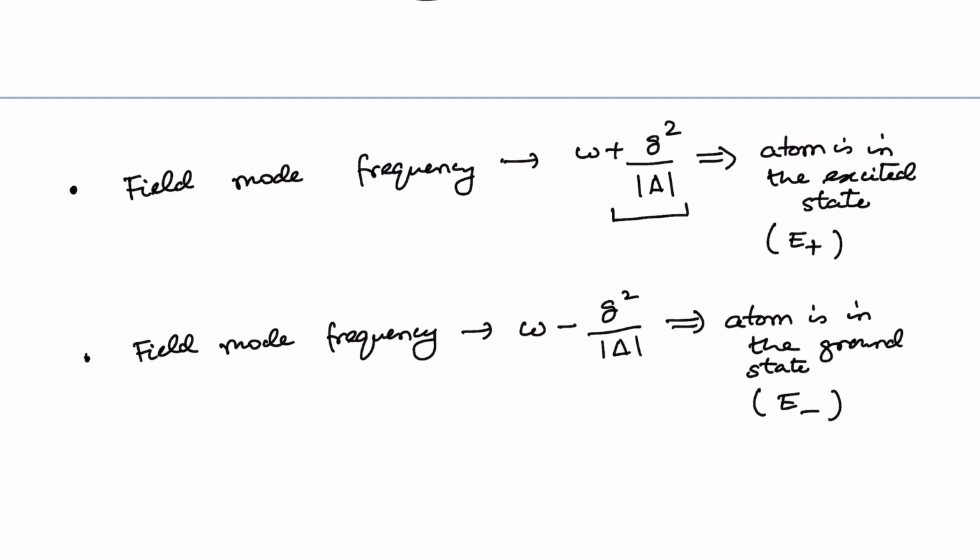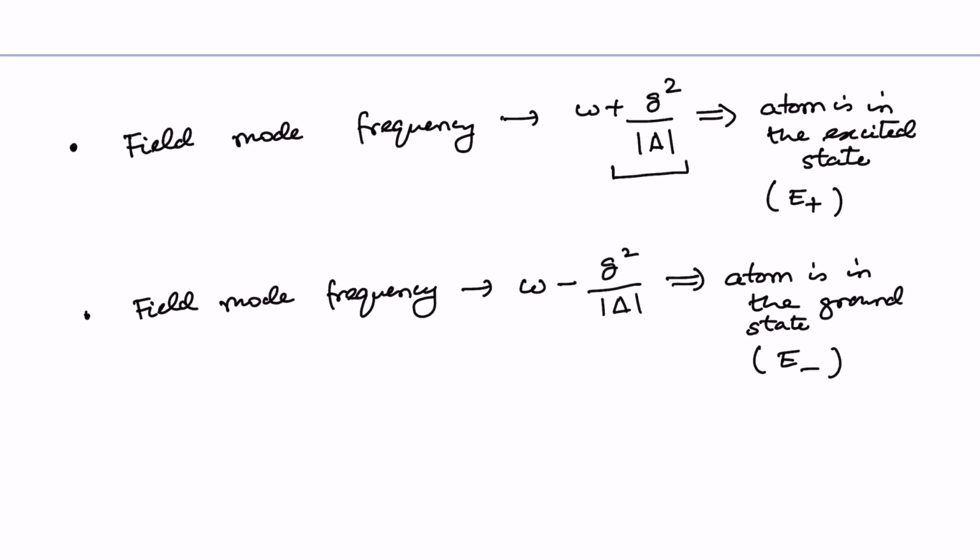These are called spectroscopic measurements. Initially, when it enters the resonator, the field frequency was omega, so if you find the transmitted microwave radiation to have a lower frequency, you can conclude that the atom is in the ground state, without measuring the atomic state directly.